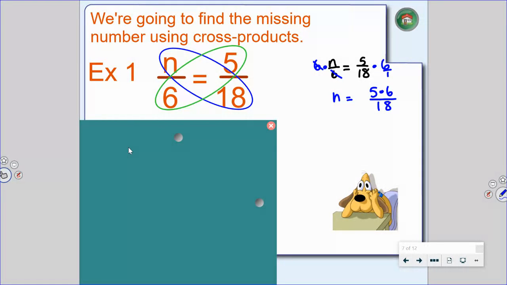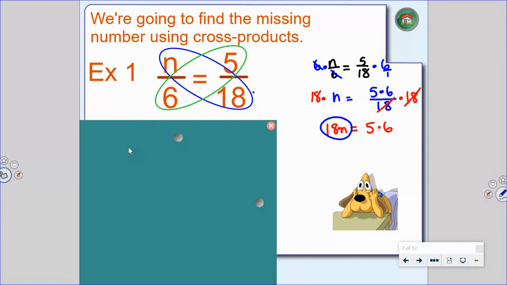You're wondering maybe why I don't multiply 5 times 6 to make 30. Just follow me for a second. Meanwhile, we can then multiply 18 on both sides to get rid of that fraction. After all, 18 eighteenths makes a whole, which leaves us with 18n equals 5 times 6, or should I say 18 times n. Now, I want you to look at where that comes from.